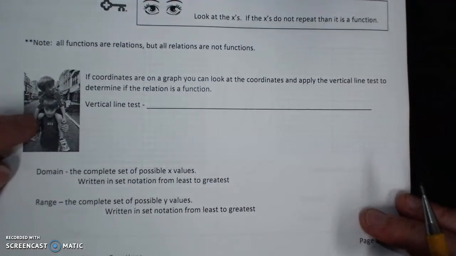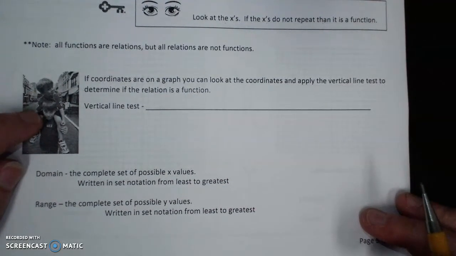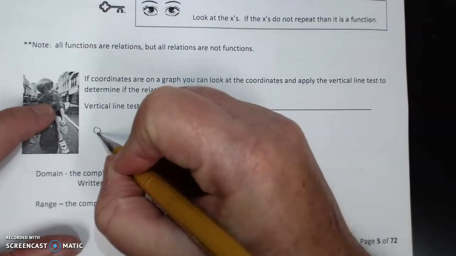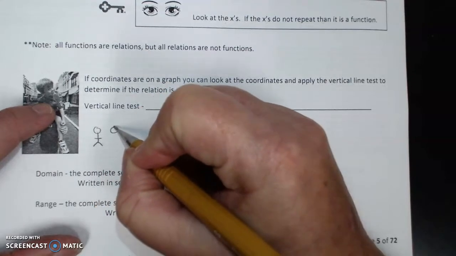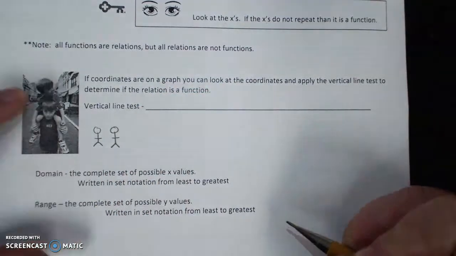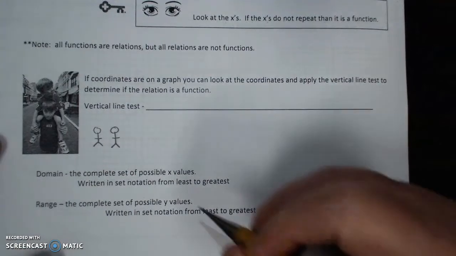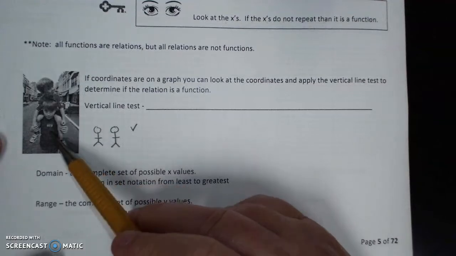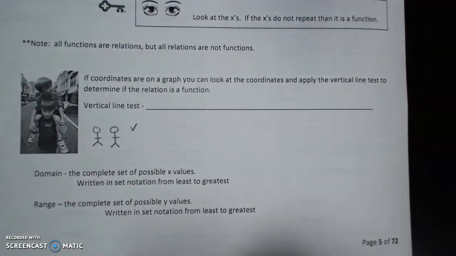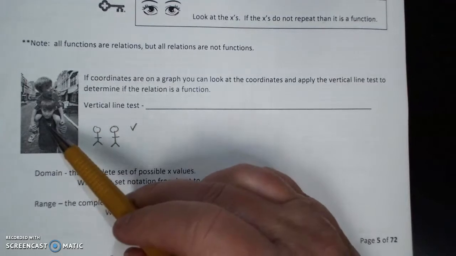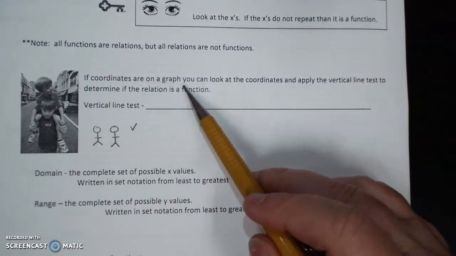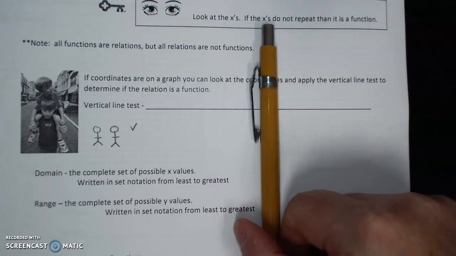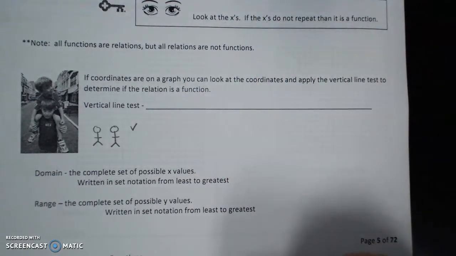Okay, so there's a picture of this little guy on top of it. If I walked into the classroom and I had these two little guys and they were standing next to each other just hanging out, I would have no problem. That would be okay. But if I walked into the classroom and two students were like this, it would not be okay. So why this picture is important is if coordinates are on a graph, you can look at the coordinates and apply the vertical line test. Vertical line test is this, and determine if the relationship is a function.